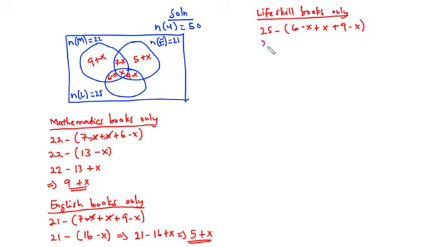So we have 25 minus, now 6 plus 9 is 15. So 15, negative x cancels positive x. We are left with negative x. Now 25 minus 15 is 10. So we have 10 plus x. So the number of students who had only life skill books is 10 plus x.